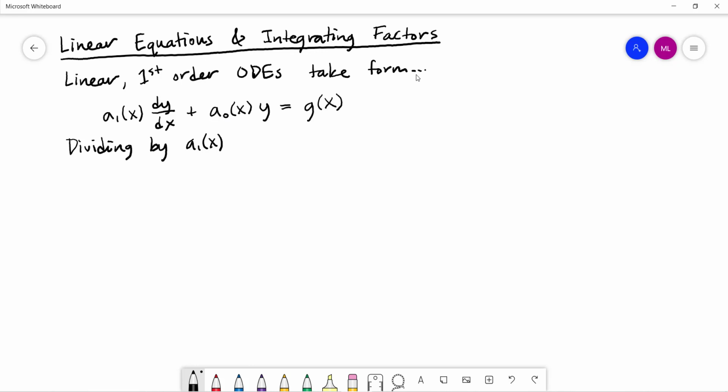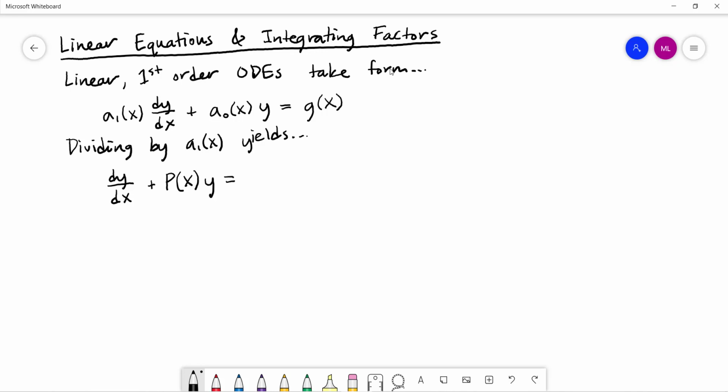So dividing by this a1(x) term is going to yield the following. The nice thing is that our leading coefficient becomes 1. We don't have this term up in front of everything. And this term, I'm going to call p(x) times y.